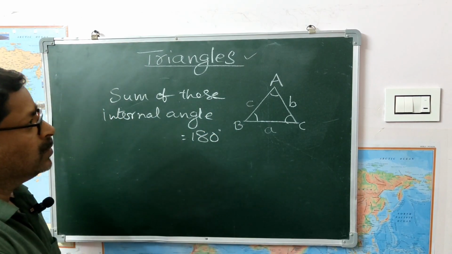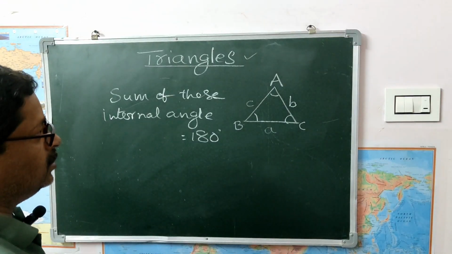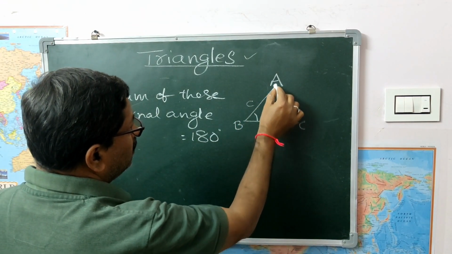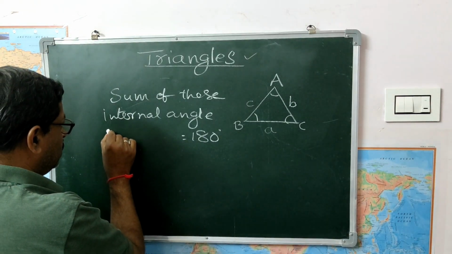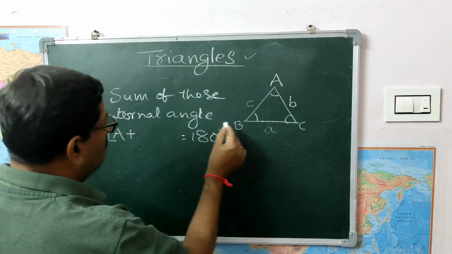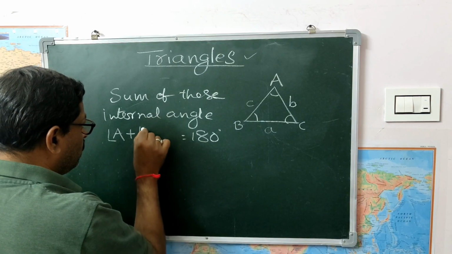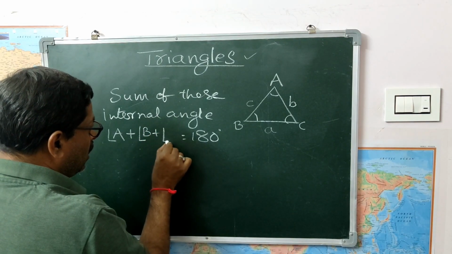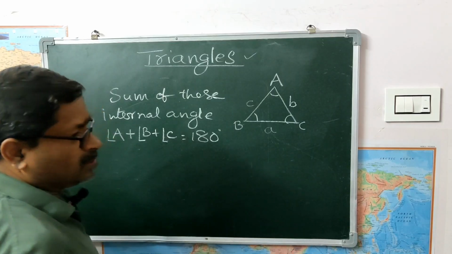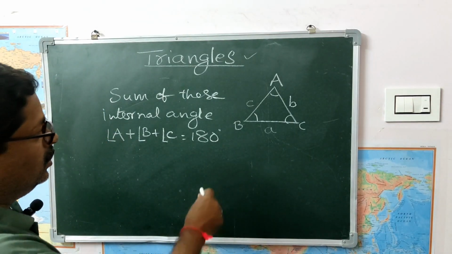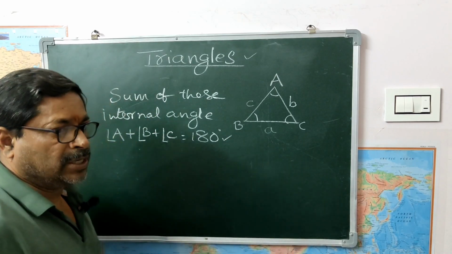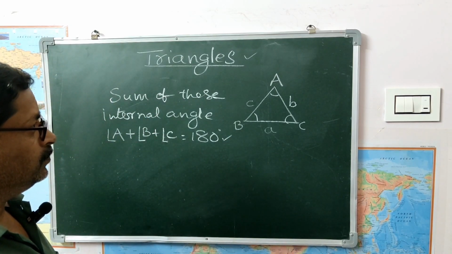Remember, how do we write the angles here? Angle at A is written as angle A plus angle B plus angle C. Sum of these three, A plus B plus C angles, is 180 degrees. This is a very important fundamental in triangles.